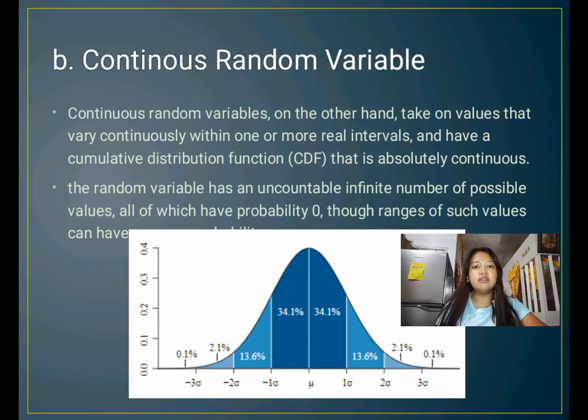The probabilities of intervals of values correspond to the area under the curve. Selecting numbers: random numbers between 0 and 1 are examples of continuous random variables because there are infinite numbers of possibilities.